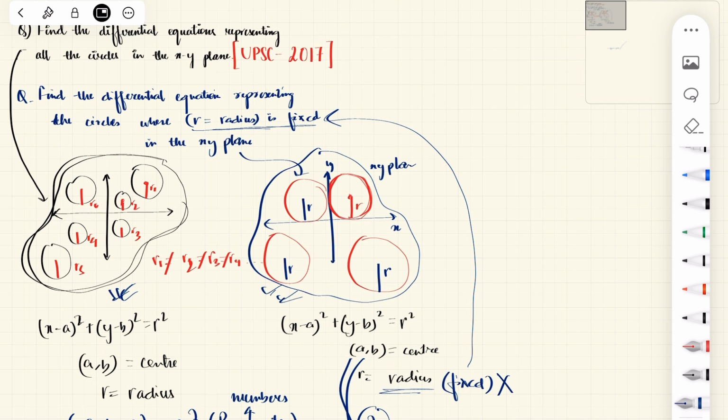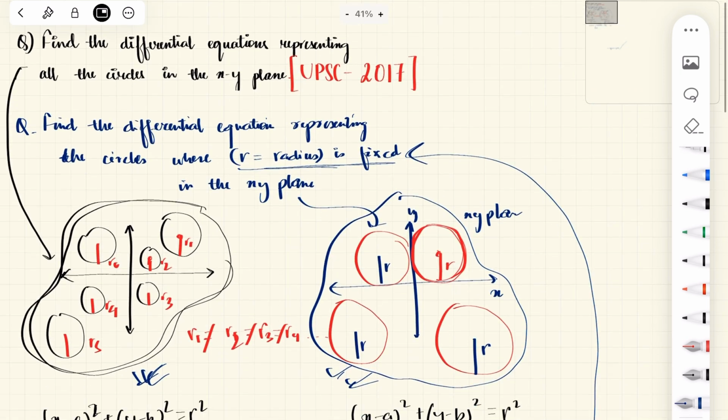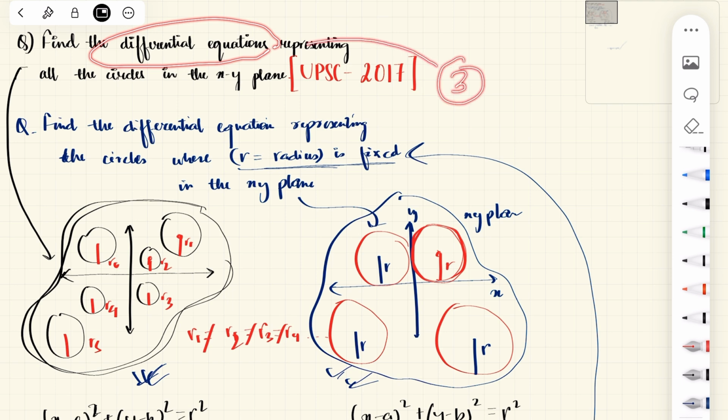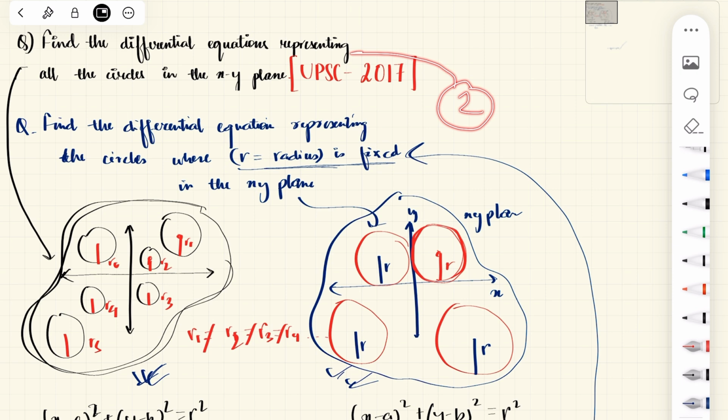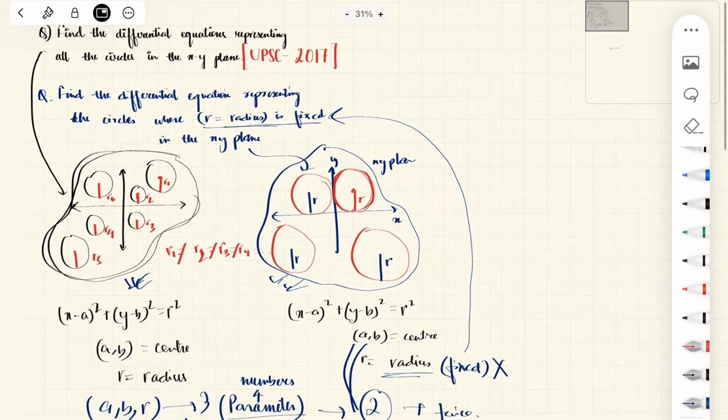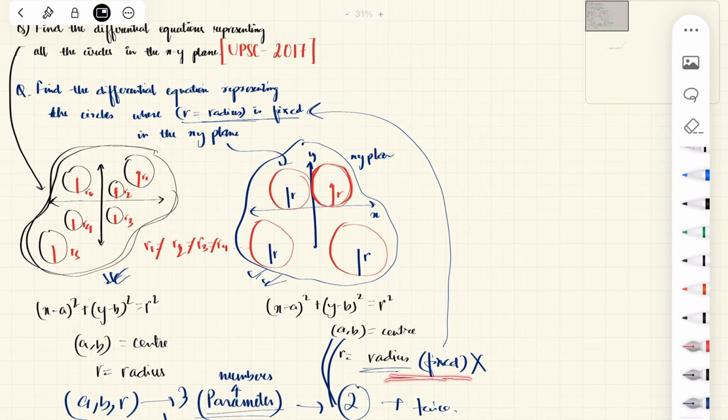Got it? According to the parameters, we differentiate, and only after that can we get the differential equation. If there are 3 parameters, we differentiate 3 times. If there are 2 parameters, we differentiate 2 times. So here in the second question, the radius is already fixed, so only 2 parameters are there, so we differentiate only twice.